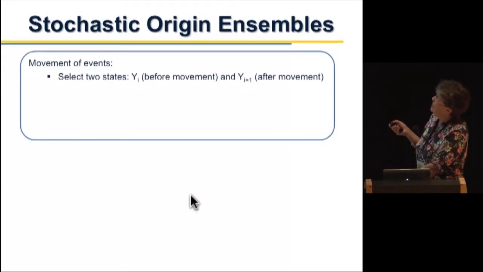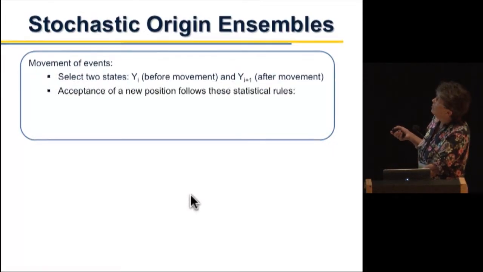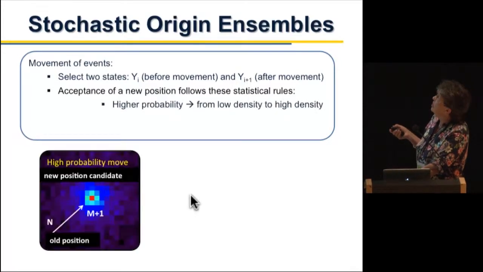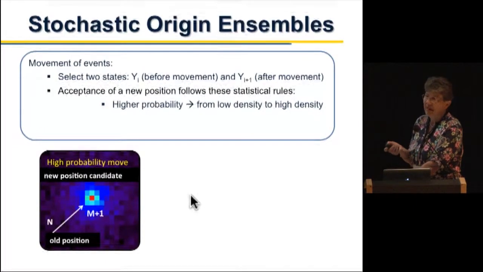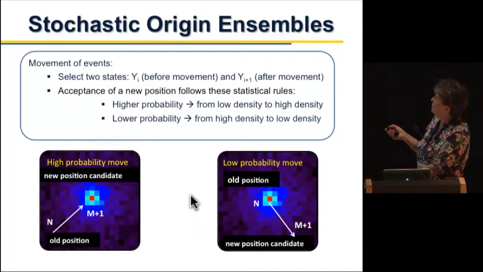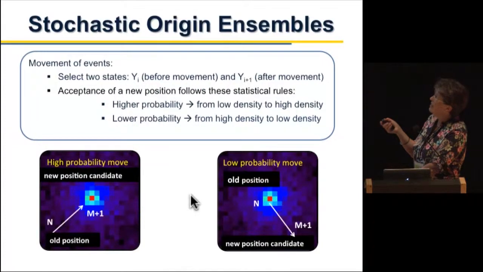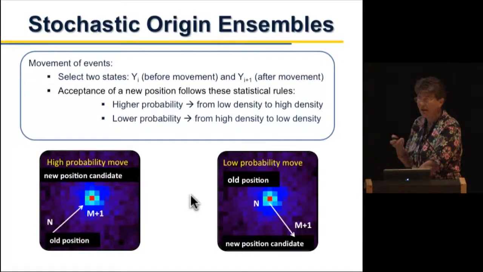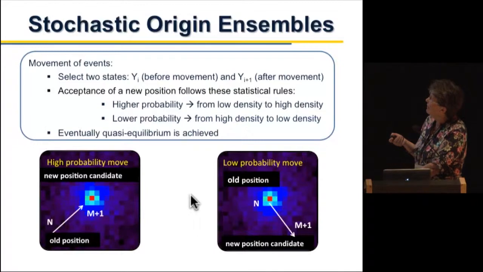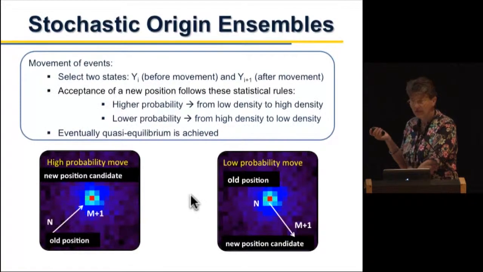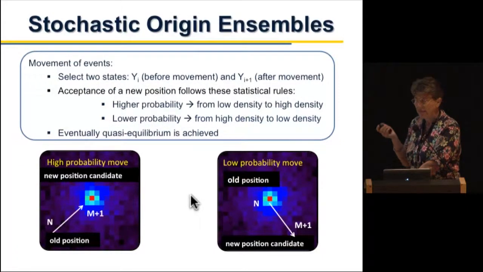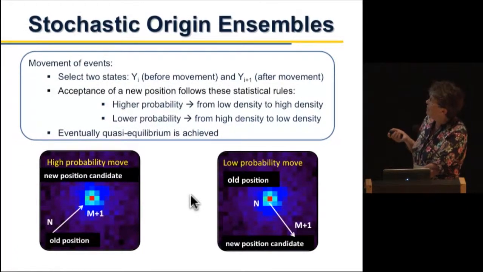You select 2 states, before the movement and after the movement, and you accept the new position only when there is a high density of previous events there. And if the event is supposed to move away from high density, you rather reject it. Of course, this is higher and lower probability. This is all based on Markov chain probability. Eventually, quasi-equilibrium is achieved. And if somebody is interested, I recommend you read the paper where the mathematics of the whole method is described.